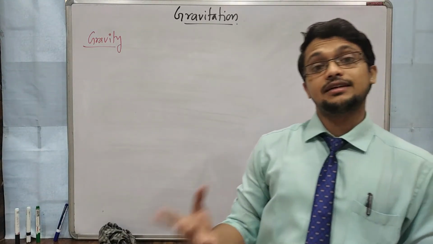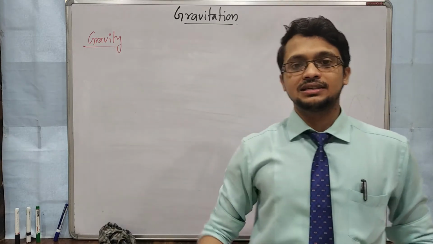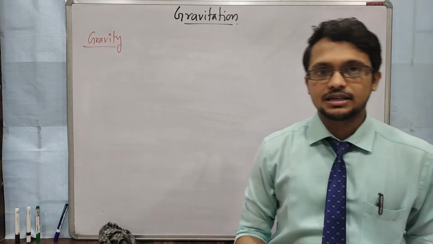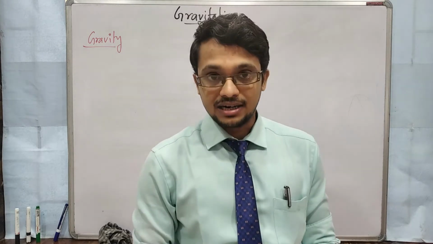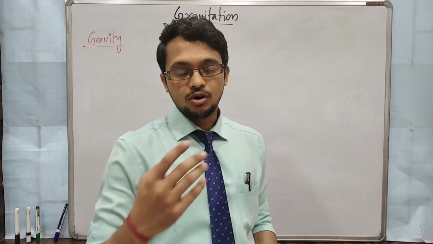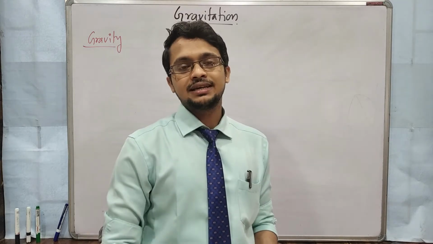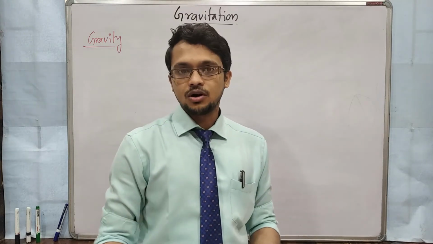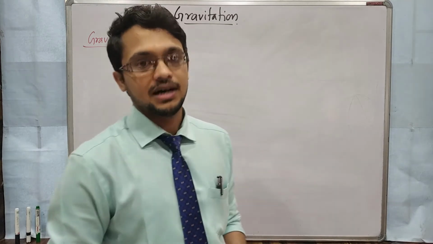Gravitation is for the universe, but gravity is the attractive force due to the earth, towards the center of the earth, on any object present at the surface of the earth or near to the surface of the earth.